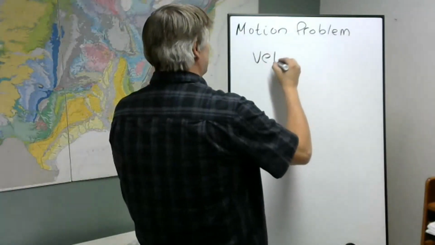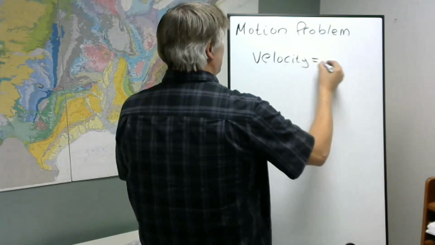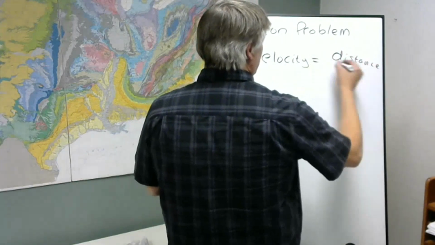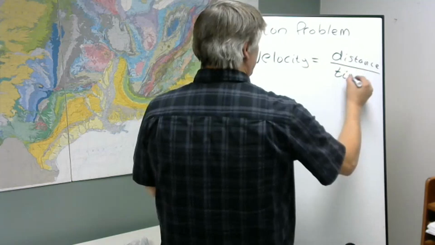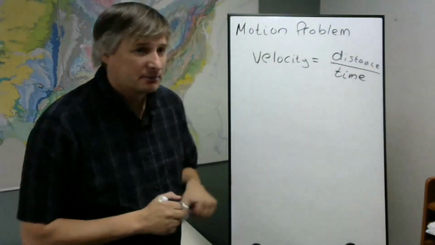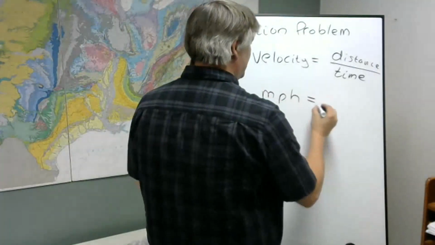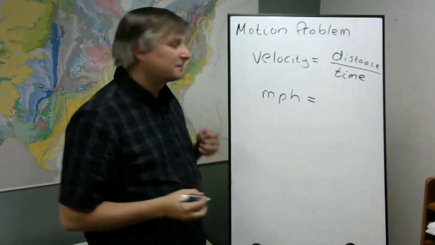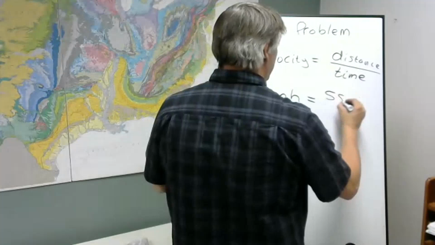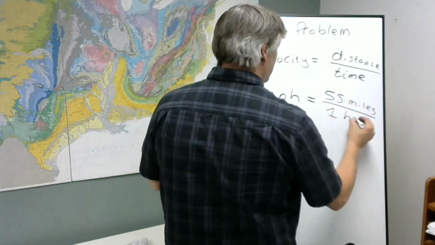Velocity is distance over time. If you think about miles per hour, that's a speed. Let's say you're going 55 miles per hour. That means you'll go 55 miles in 1 hour.